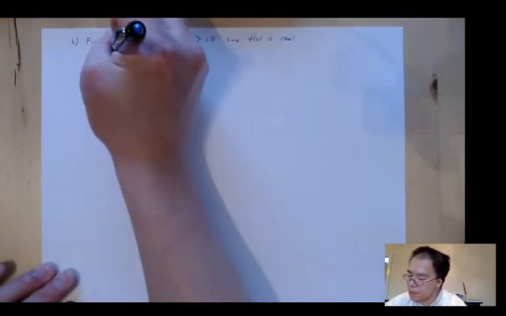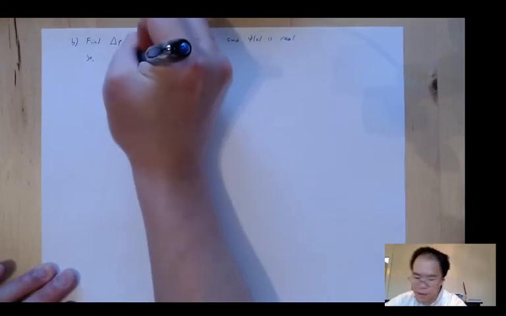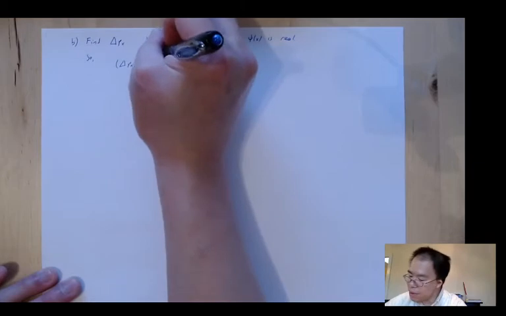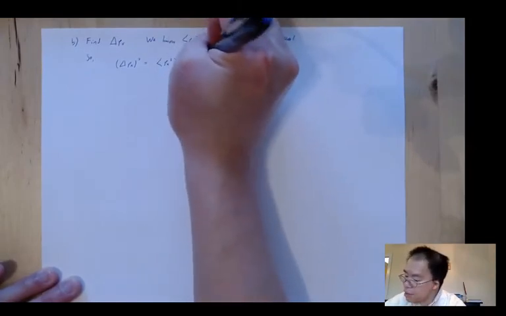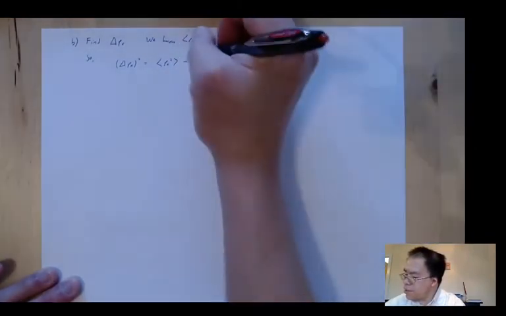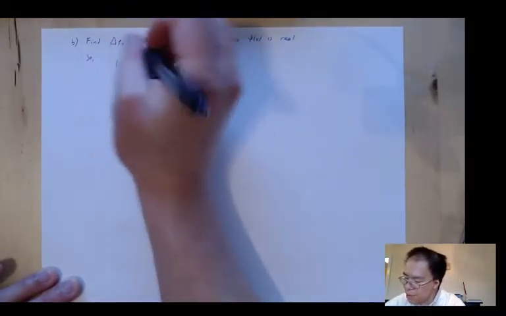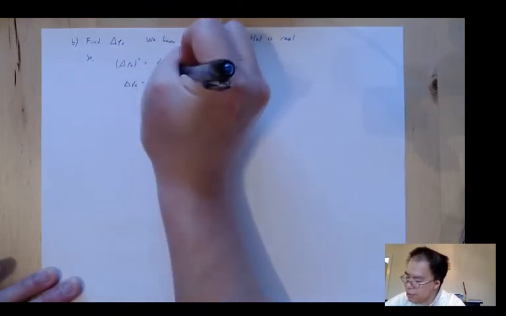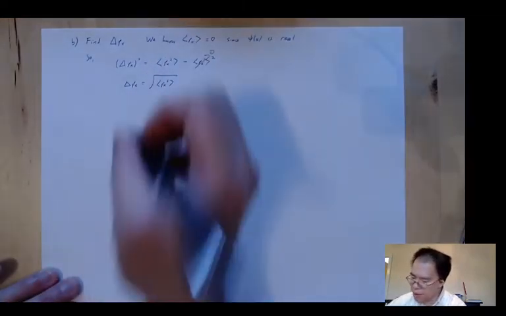So, using that theorem for the variance, the uncertainty in p x squared is equal to the expectation value of p x squared minus the expectation value of p x quantity squared, but that goes to 0. So I just need to square root this. So delta p x equals the square root of the expectation of p x squared in this case.